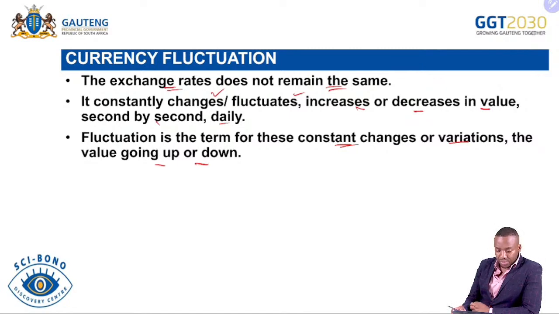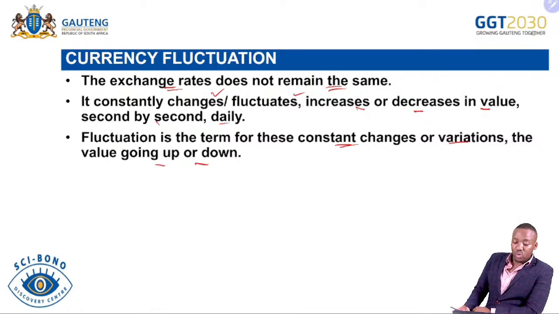Just add that concept down. Currency fluctuation: the exchange rate does not remain the same. If you remember that table that we looked at earlier, the rates constantly change, fluctuate, increase or decrease in value second by second.